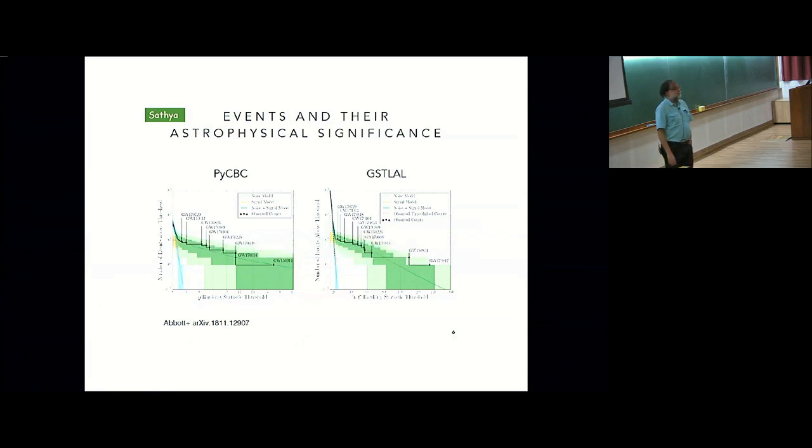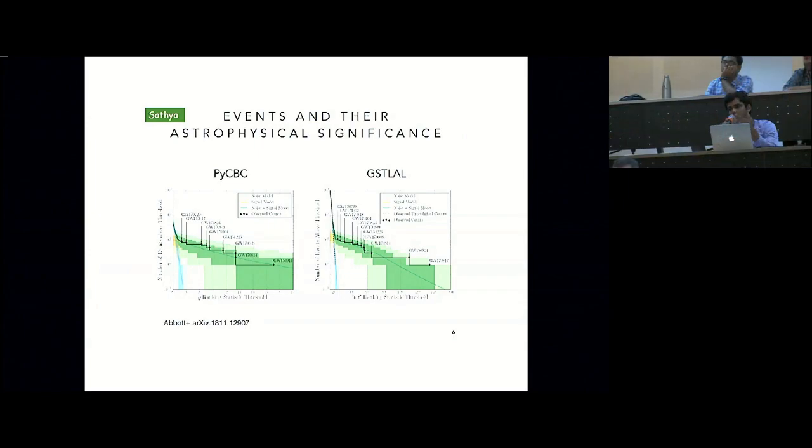So the effect of using an external data set is more to reduce the look elsewhere effect in terms of time. Because this background, after you reduce all the non-Gaussian stuff, is basically a chi-square distribution with some number of degrees of freedom, and the look elsewhere effect is given by the number of templates times the overall duration divided by the autocorrelation length of the waveforms, which is very small.